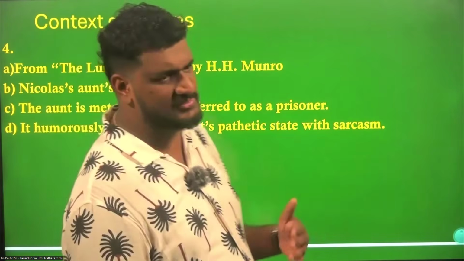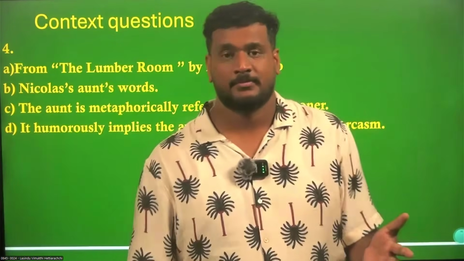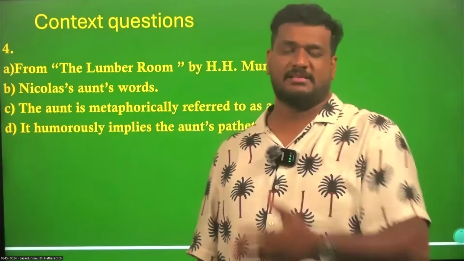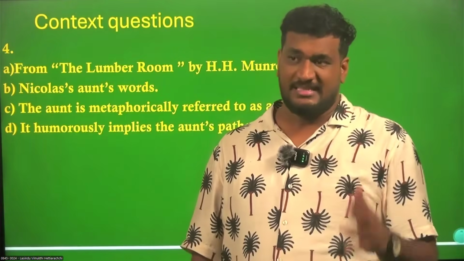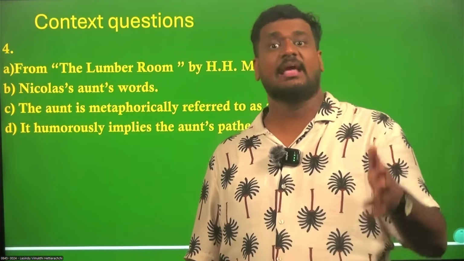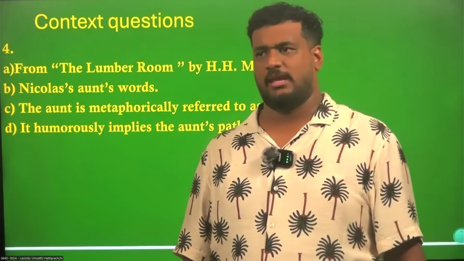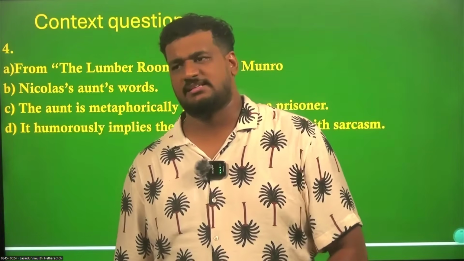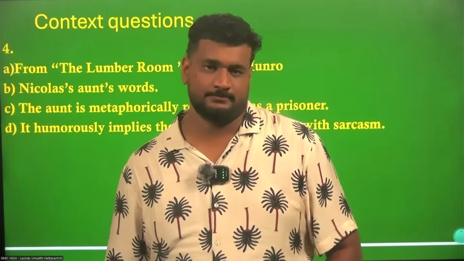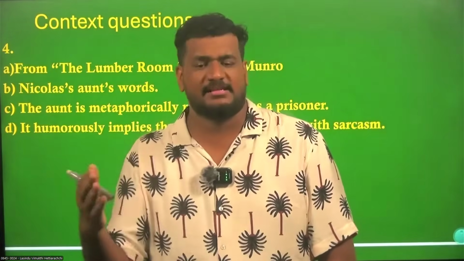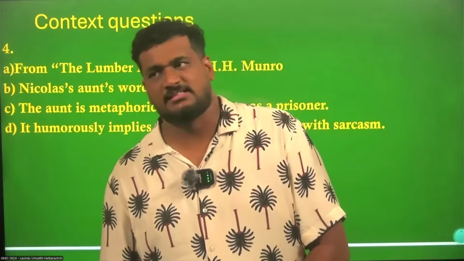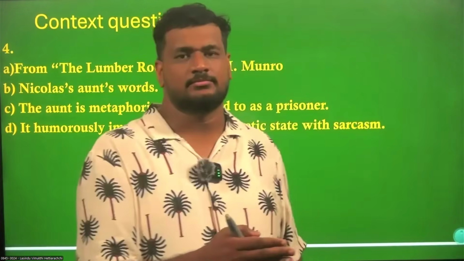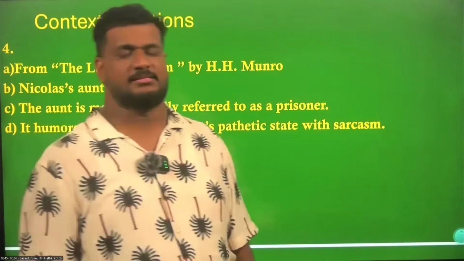Metaphorically. What is the difference between a metaphor and a simile? A metaphor is a direct comparison. A simile is an indirect comparison. If you say, my sister's face is a flower, that is a direct comparison, a metaphor. My sister's face is like a flower is an indirect comparison.